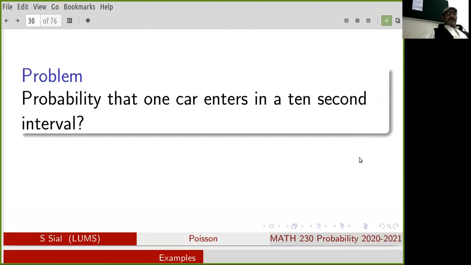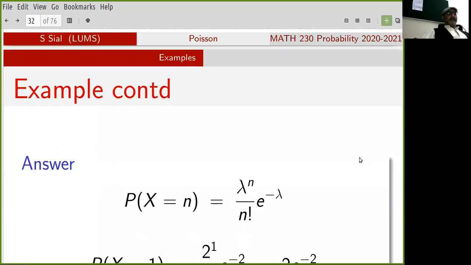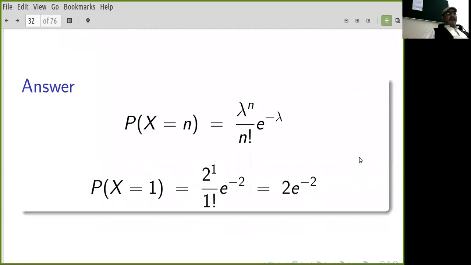Keeping the same lambda, 1 car every 5 seconds on average. What's the probability that 1 car enters in a 10-second interval? Okay, the probability that x is equal to 1, x is equal to n, equals lambda to the n over n factorial, e to the negative lambda.